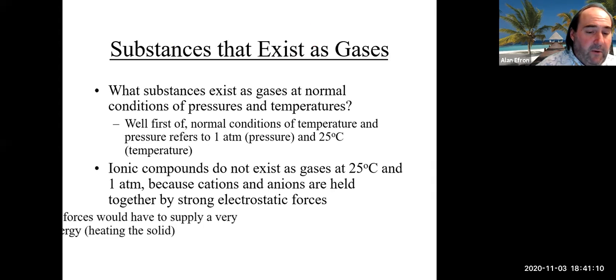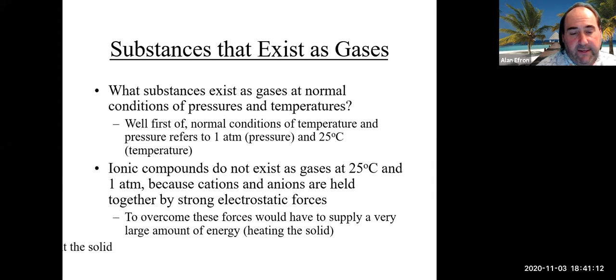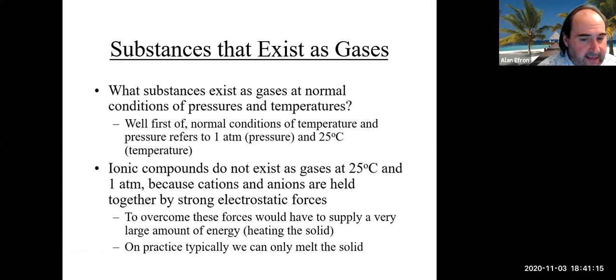So it's good to talk about what things are gases under normal conditions. When we talk about normal conditions, and this is different than standard temperature and pressure, which we'll talk about in this chapter, that's everyday conditions, room temperature type conditions.